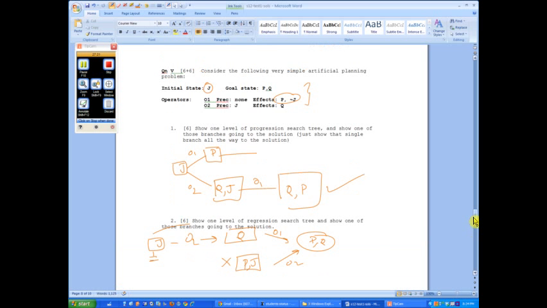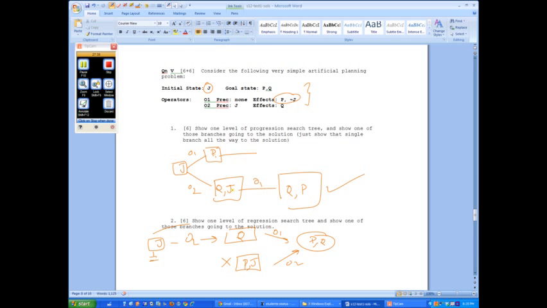Again, these are the correct state descriptions. I cut off points in some cases here, for example, some people put not J, and some people here did not put J, but you have to follow the convention.